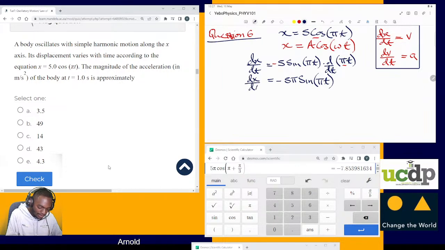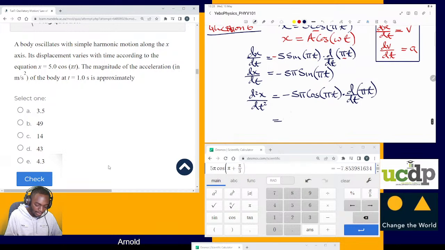So this is our dx over dt. The second derivative will then give us the what? The acceleration. So d squared x over dt squared will then be equals to, if you differentiate sine, you get cos. So the negative sign is still maintained. So that will be cos pi t times d over dt of pi t.